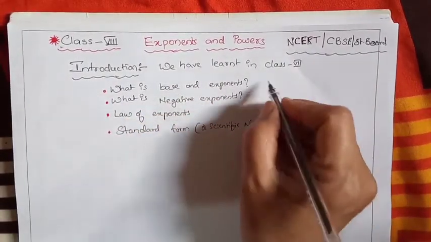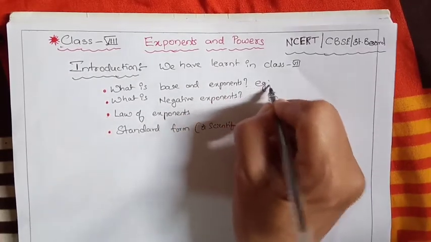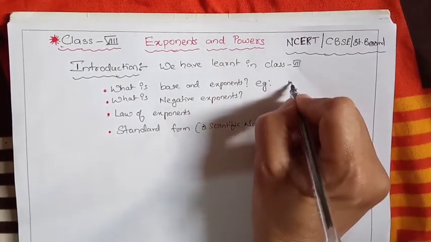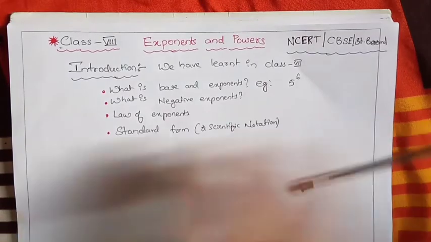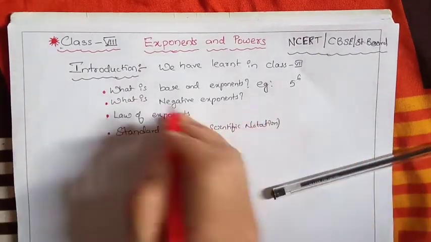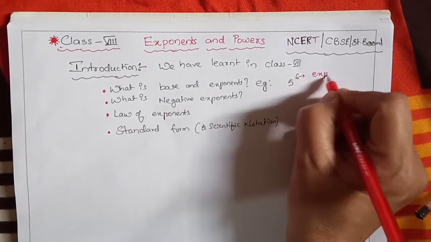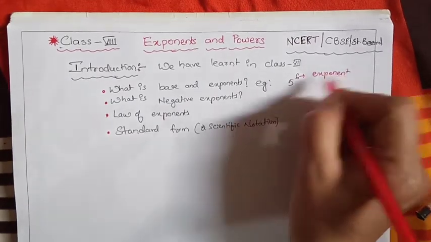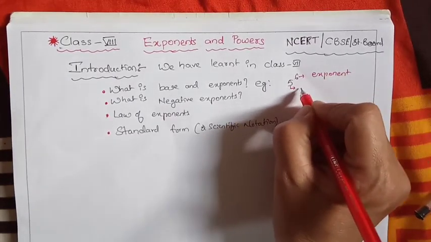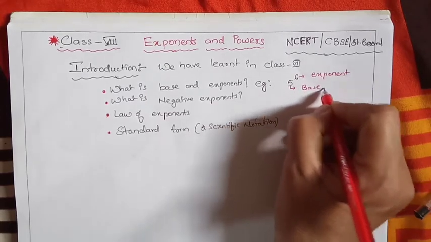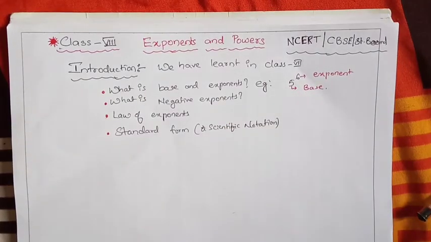What is base and exponent? Example, suppose 5 to the power of 6. 6 is called the exponent, and this 5 is known as the base. This we know already.